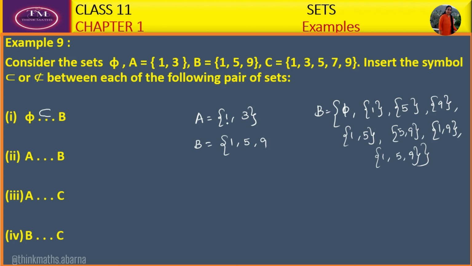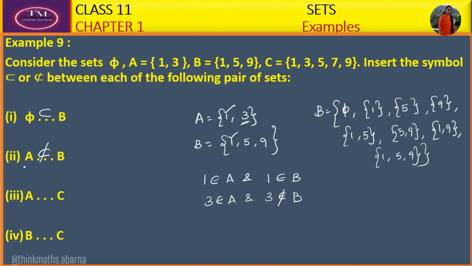If you check the elements of A, every element of A should be in B. 1 belongs to A and 1 belongs to B. Next, 3 belongs to A, but 3 does not belong to B. So A is not a subset of B.